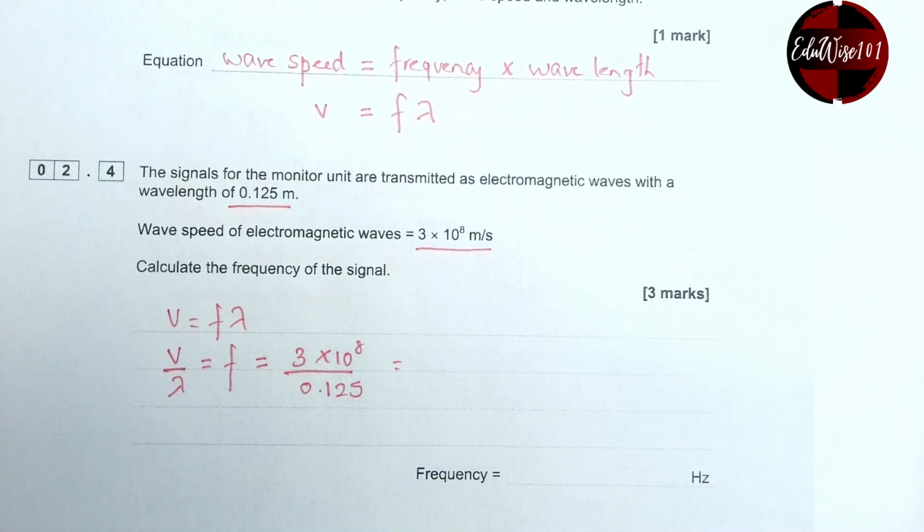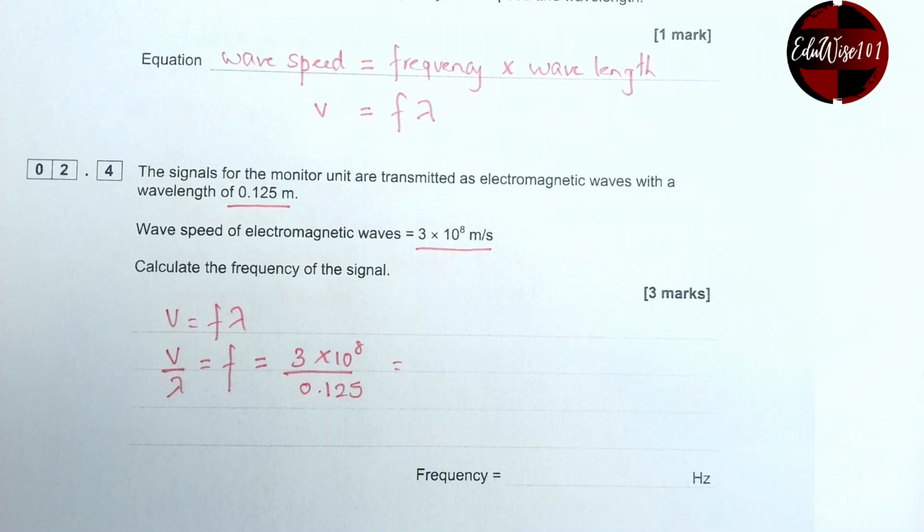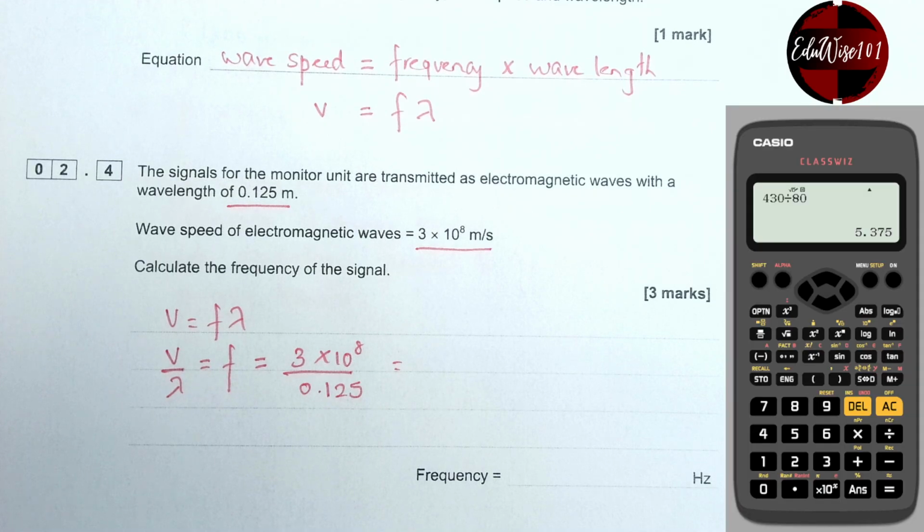0.125. So let's bring in the calculator. Three times 10 to the power 8 divided by 0.125. That gives me, how many zeros are there? 1, 2, 3, 4, 5, 6, 7, 8 zeros.